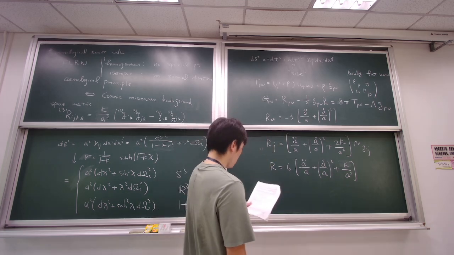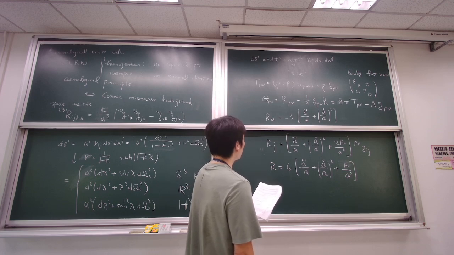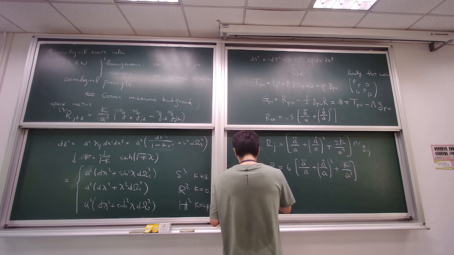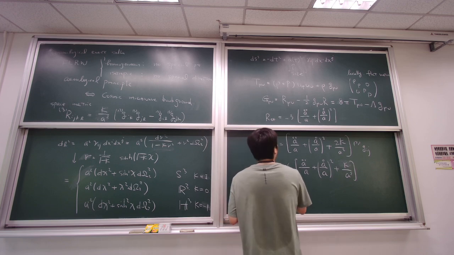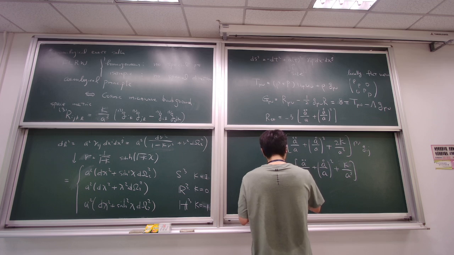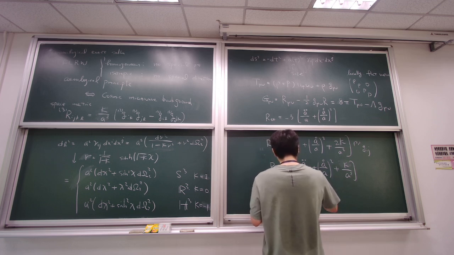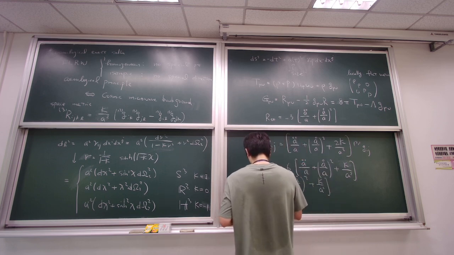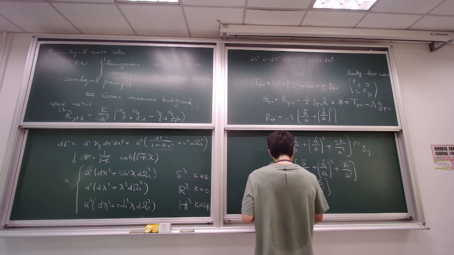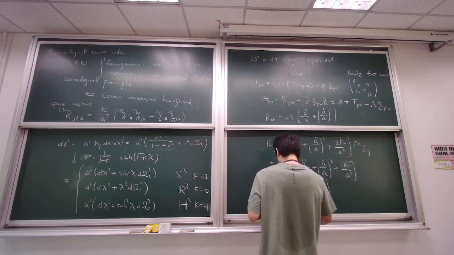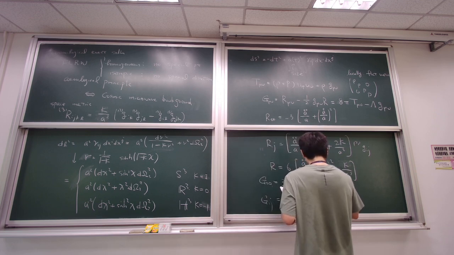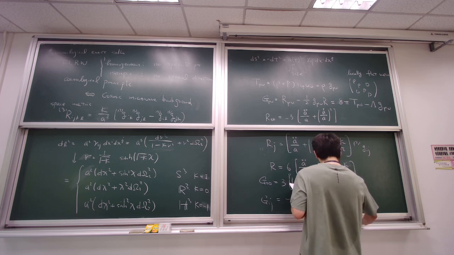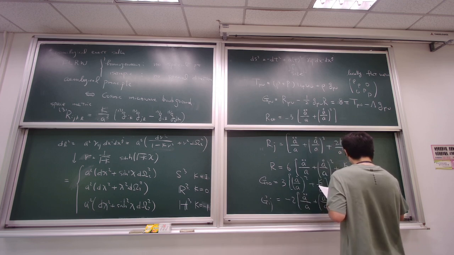So those are the essential information, and then we can just write down that G00 is 3 times A dot squared over A squared plus K over A squared, and then Gij is equal to minus 2 A double dot over A plus A dot squared over A squared plus K over A squared, times g ij.